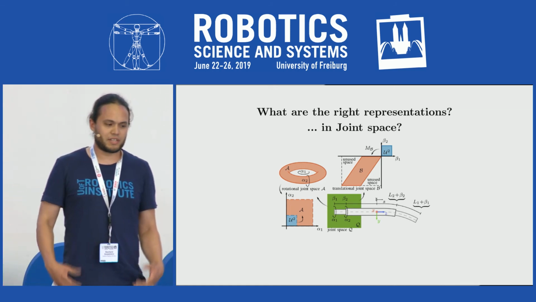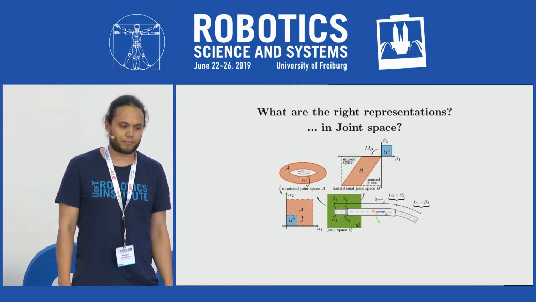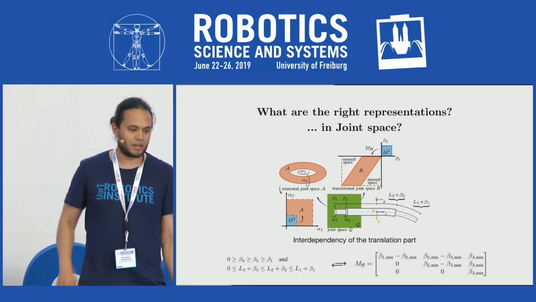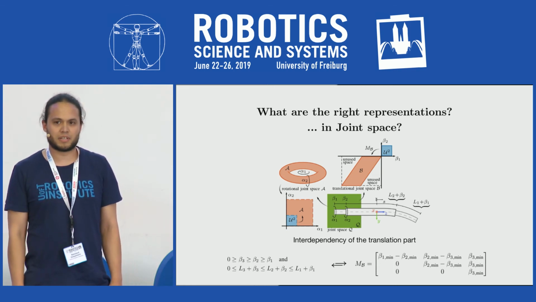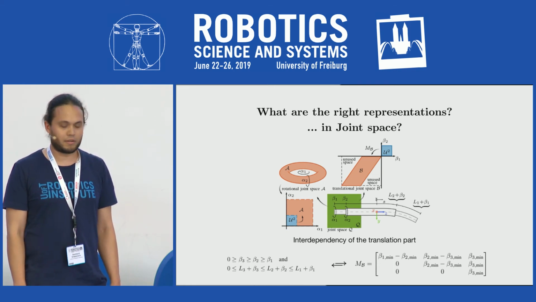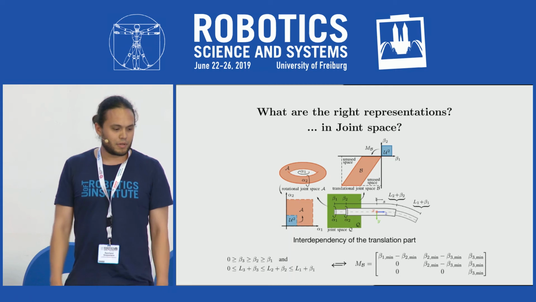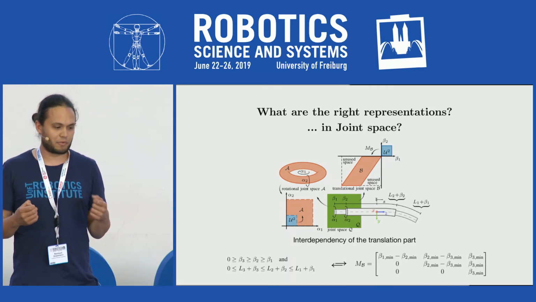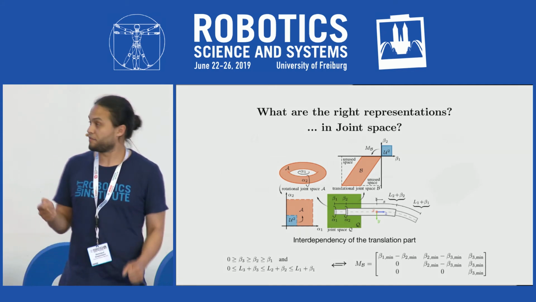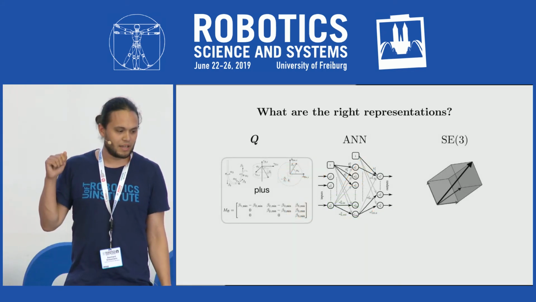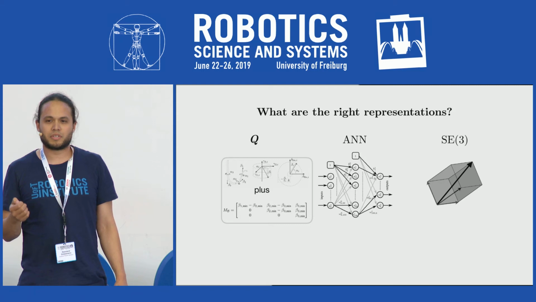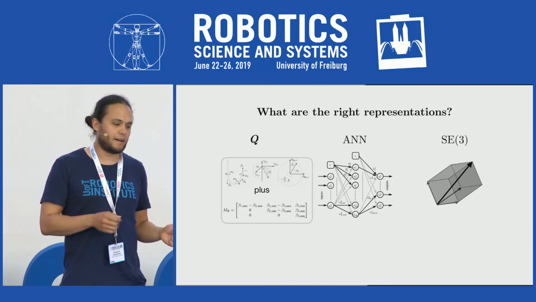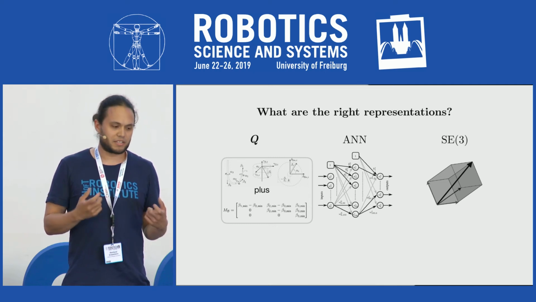The translational joint space has this form due to the interdependency of the translational part, shown on the right side. We can disentangle this representation by applying an affine transformation. So we come up with 2 additional joint space representations, and we can also apply the matrix.